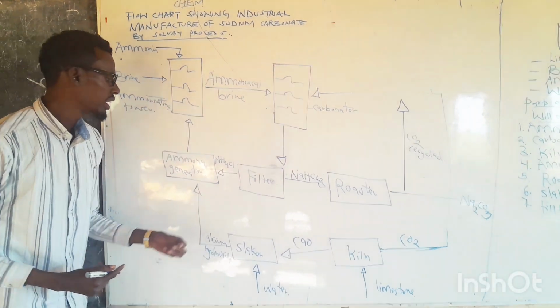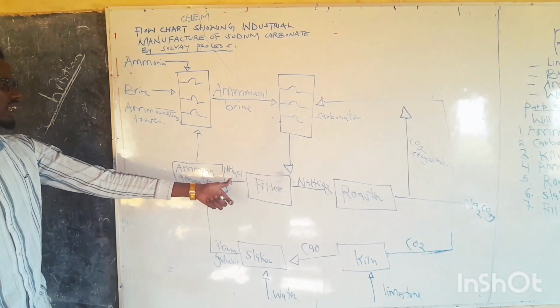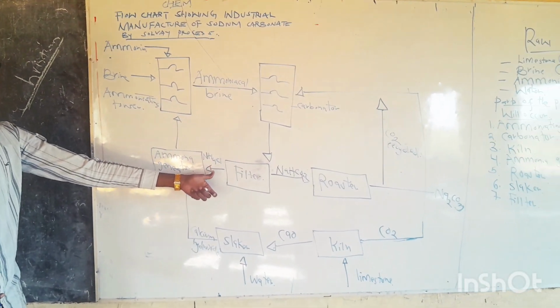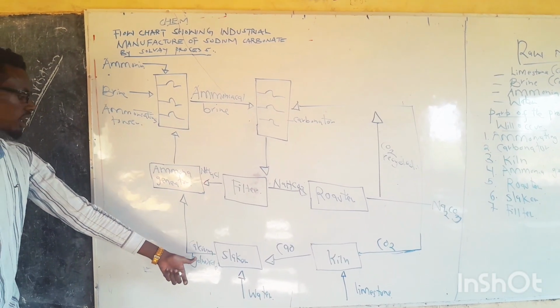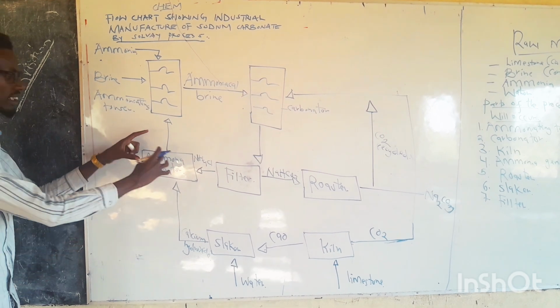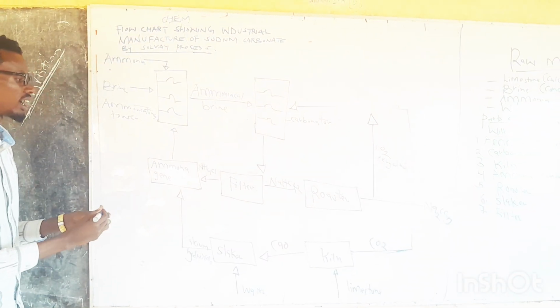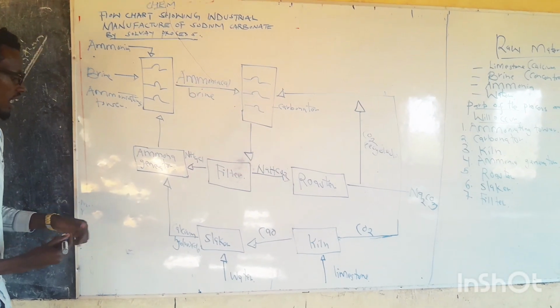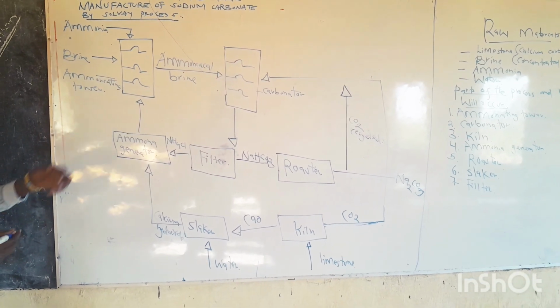Now, the ammonium chloride from the filter and calcium hydroxide from the slacker are mixed in the ammonia generator to produce calcium chloride, ammonia and water.